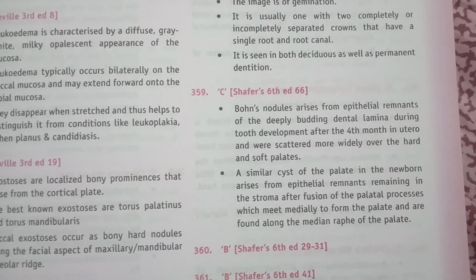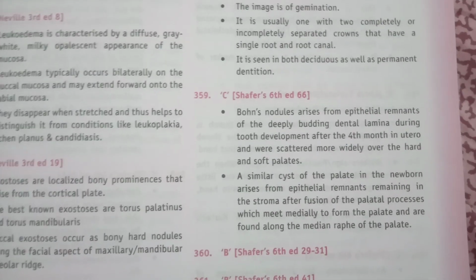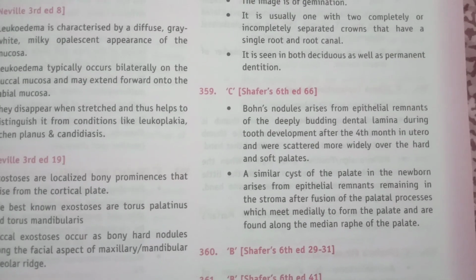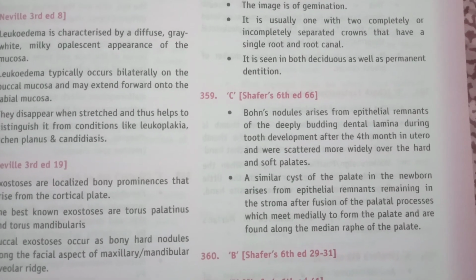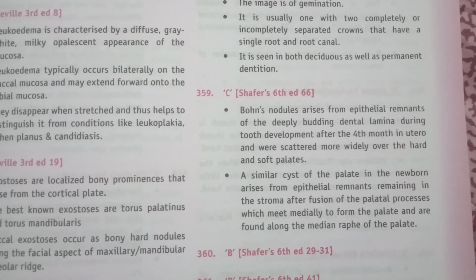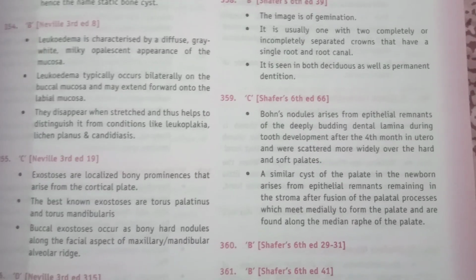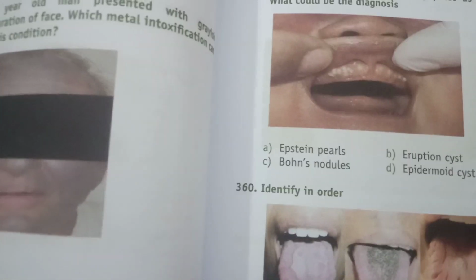So these are Bohn's nodules, epithelial remnants of the deeply budding dental lamina. But here it is not on the palate, it is on the alveolar.